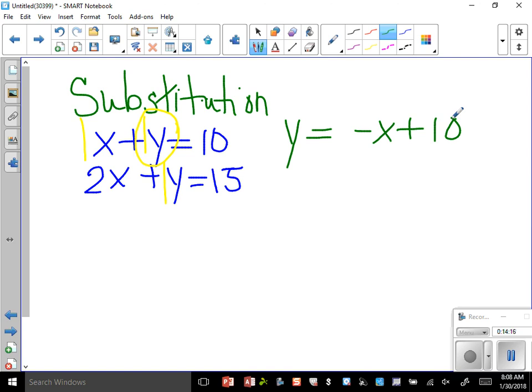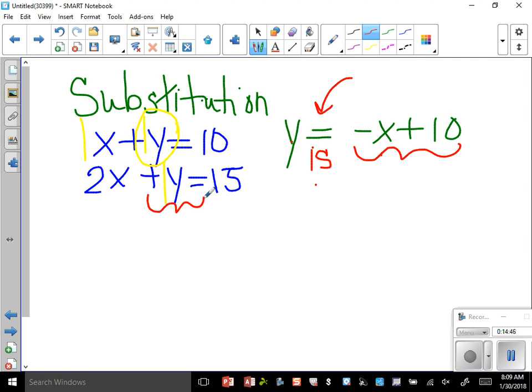is, and now you guys know another name for equals, is. Is that correct? So now this is saying y is now negative x plus 10. Okay, so y is no longer called y, it's called negative x plus 10. So where I see y in the other equation, it is now going to become negative x plus 10.